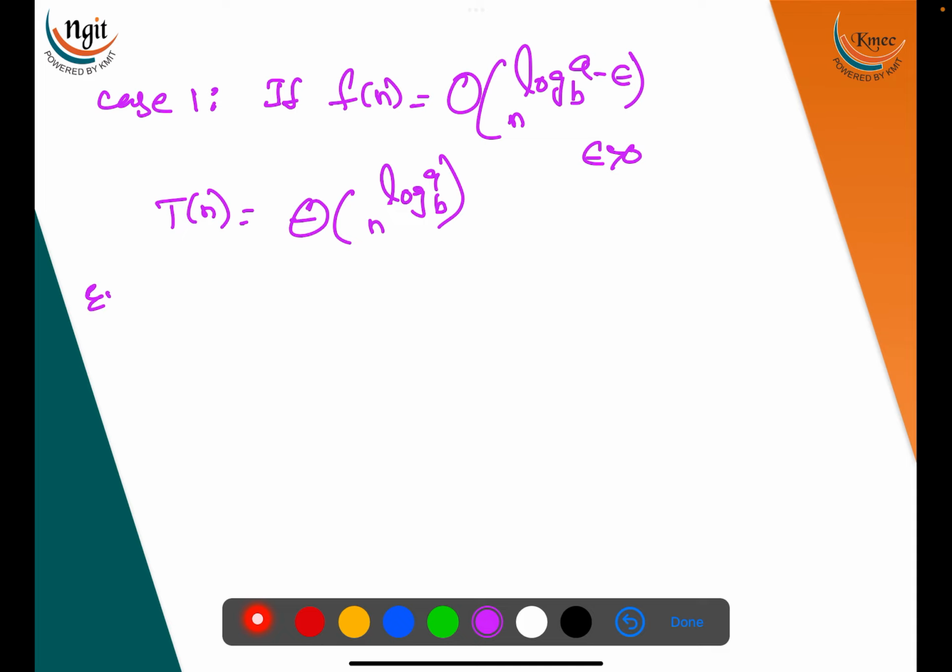Now we'll take an example: T(n) = 8T(n/2) + 1000n^2.